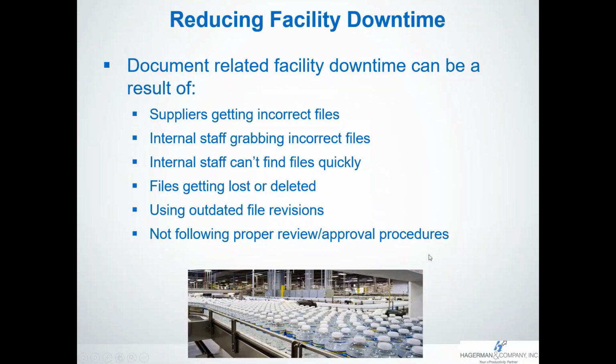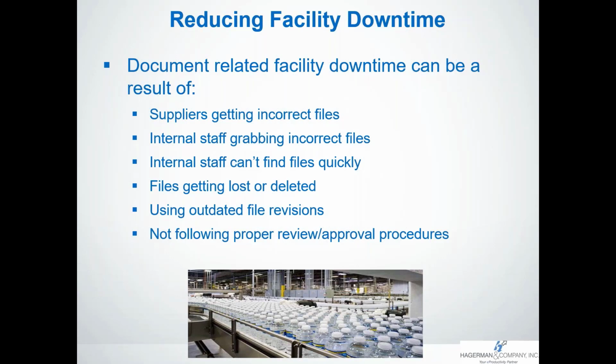The next item is reducing facility downtime. And of course, document-related facility downtime can be a result of suppliers getting incorrect files, or internal staff grabbing incorrect files to do work, either maintenance or installation or construction. Again, it can go back to the search time, taking long to find stuff, or files get lost or deleted.